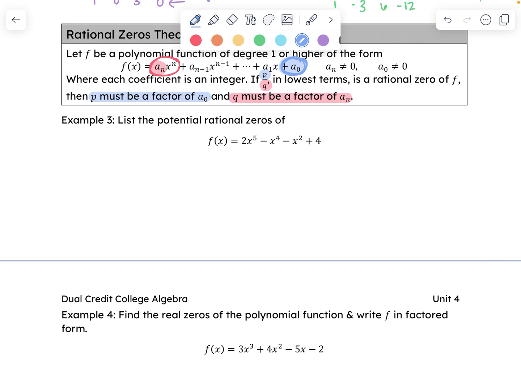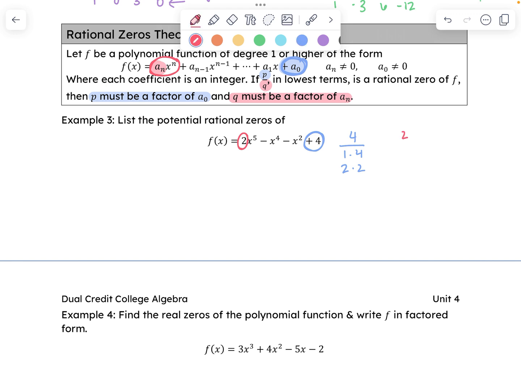So if I'm looking at example 3, my constant over here is 4, and my leading coefficient is 2. So all of my possible factors of 4 are 1 times 4 and 2 times 2.